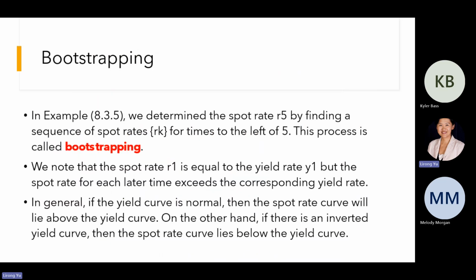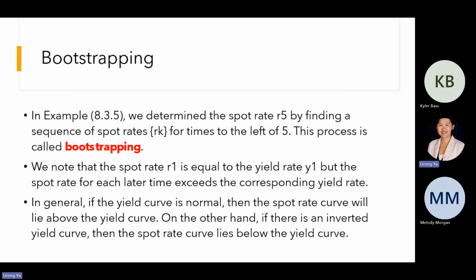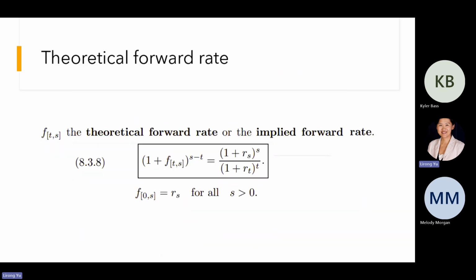Now, once you have all your spot rates, you have your term structure. You can determine something called a spot rate curve, with the spot rate as the Y value and the time in years as the X value. We can also determine something called a theoretical forward rate. The purpose of the forward rate is to allow you to predict if you want to invest 2 years from now or 1 year from now, for that many years.